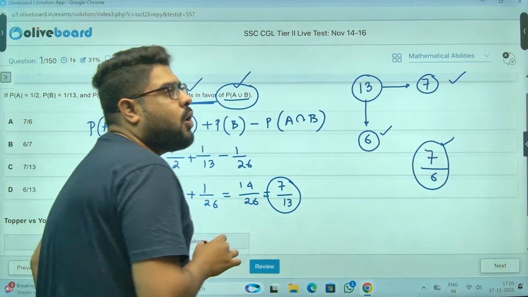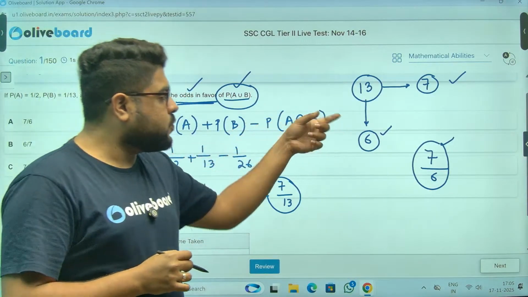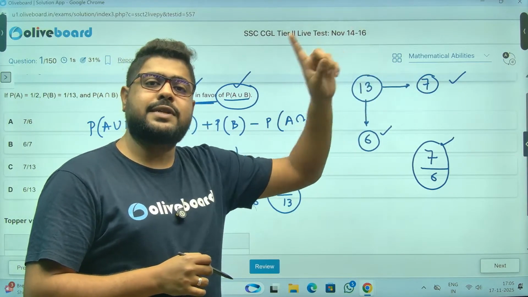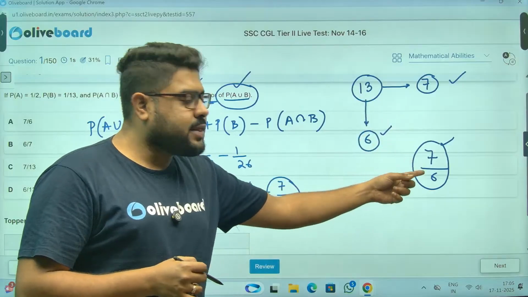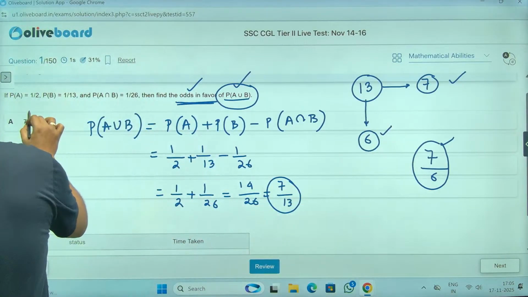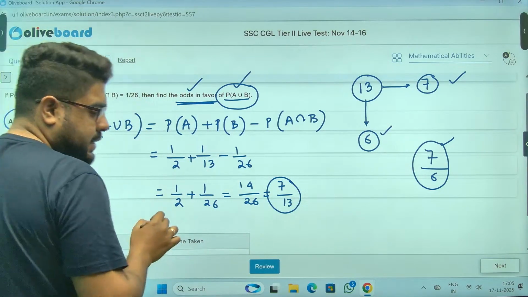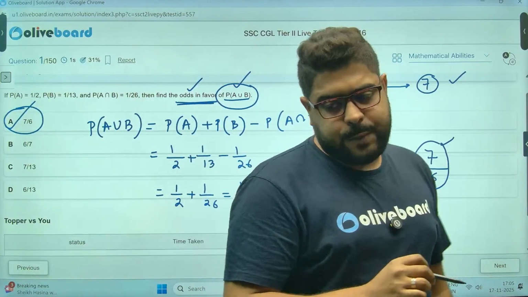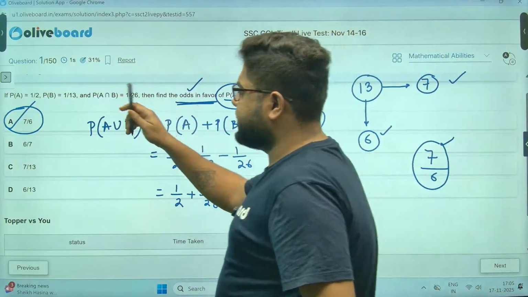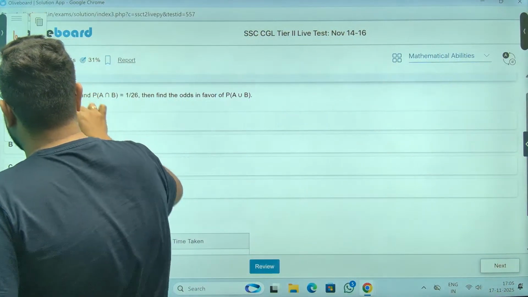Odds against means how many times it won't happen by how many times it will happen. So the answer for this question will be 7 divided by 6, which is option number 1. Very simple question.